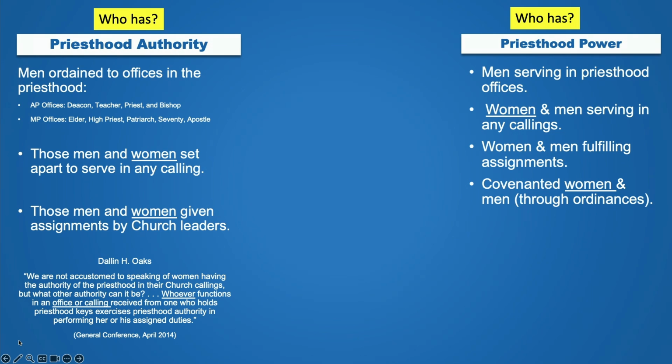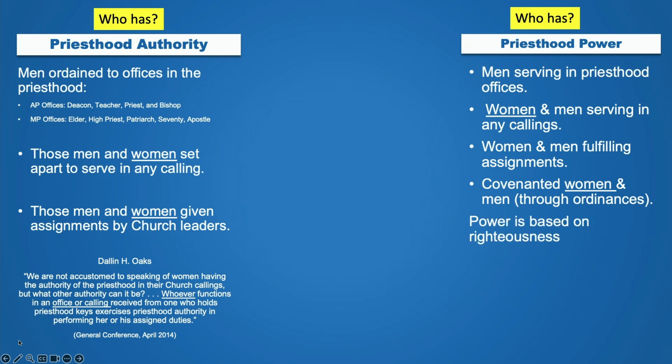Any man or woman who's participating in any ordinance, from baptism through the temple, has access to priesthood power through their keeping of those ordinances. And so there's plenty of priesthood power to go around. One time, Elder Ballard said that God is very generous with his priesthood power, and hopefully you can see that. People from age 8 and up all have access to priesthood power, men and women alike.